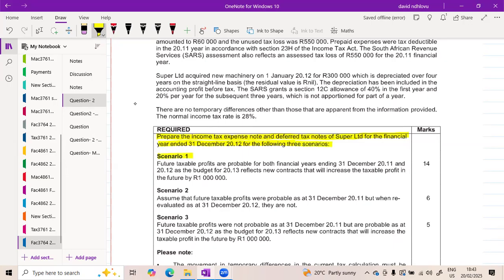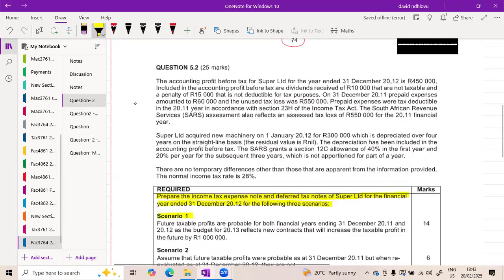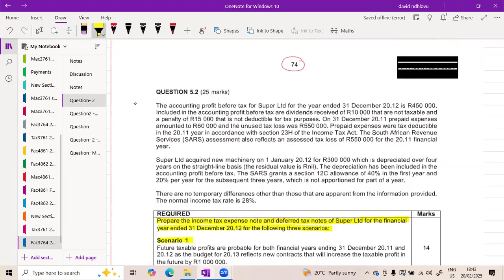Then we have scenario number 1. Let's start by going through the question. It says the accounting profit before tax of Super Limited for the year ended 31 December 2012 is 450,000 Rand. Included in the accounting profit before tax are dividends received of 10,000 that are not taxable and a penalty of 50,000 that is not tax deductible for tax purposes.